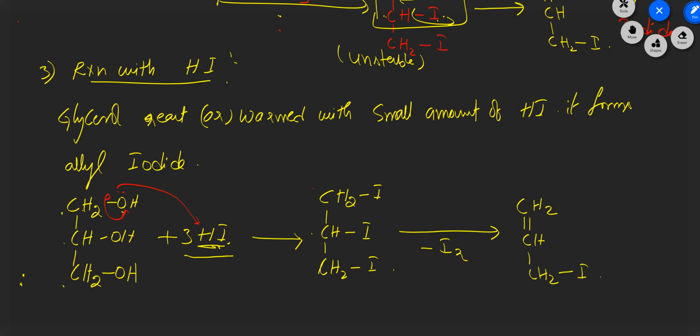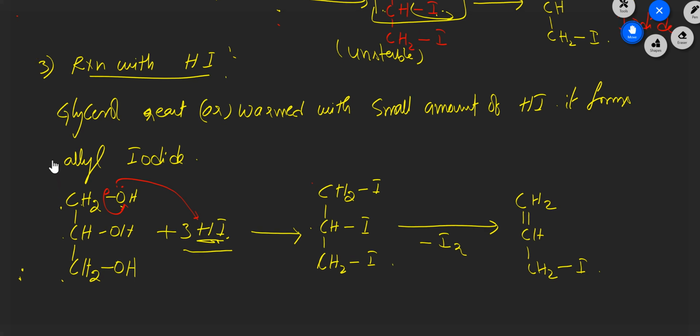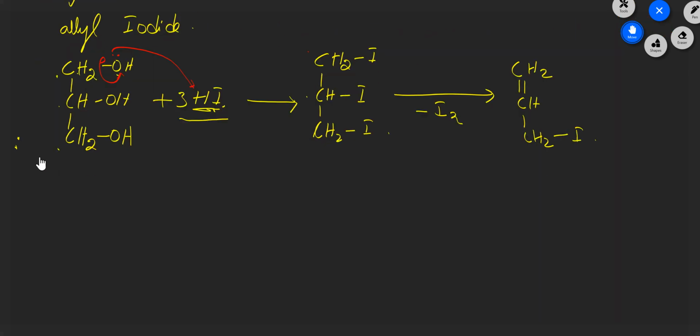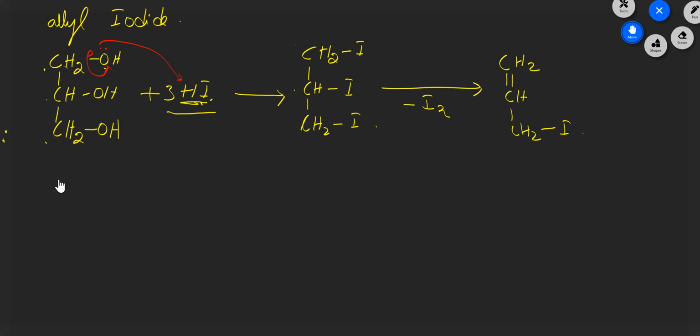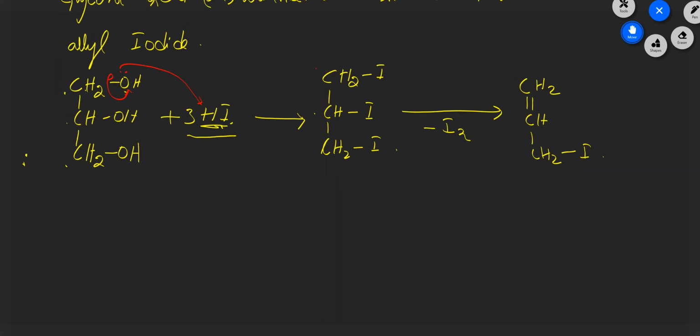What happens if you take that allyl iodide and react it with HI? I am writing the reaction here. See, CH2 double bond CH and CH2I I have taken.